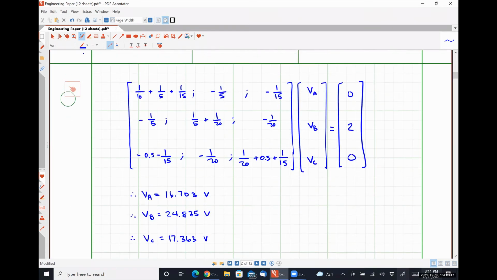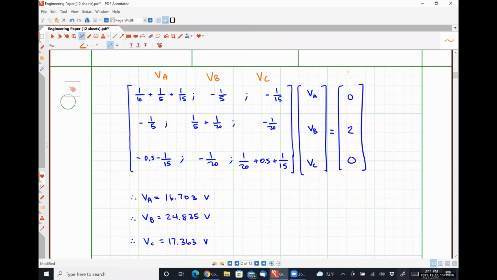So to be clear here, this column is all my coefficients for VA. The middle is all the coefficients of VB, and the rightmost, all the coefficients of VC. And then these are all my constant values, which I'm just going to call capital C. That's what your calculator is doing, solving this matrix, and you are inputting it so that it looks pretty much like this as well.